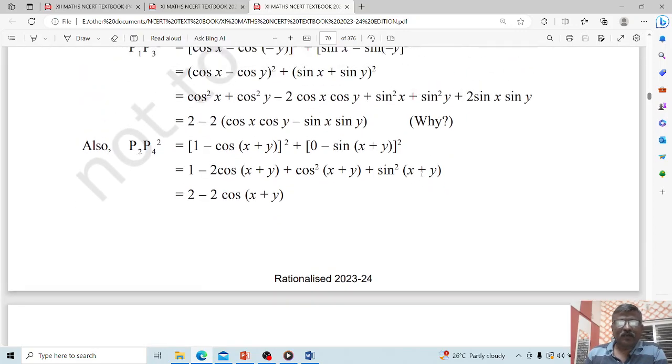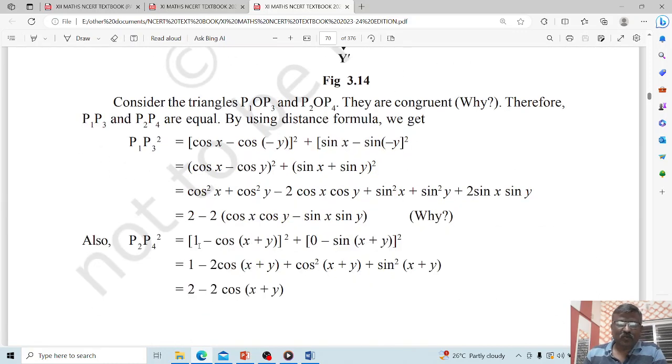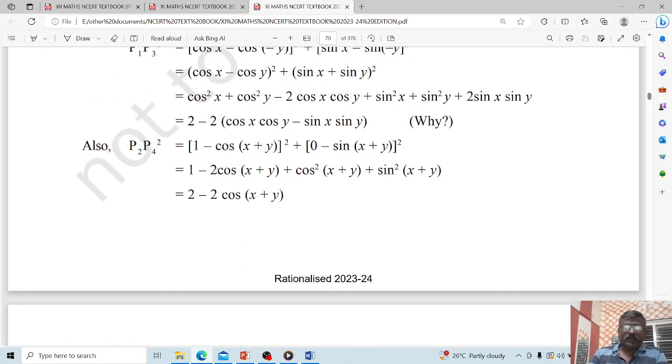Then similarly we have P2, P4. You can see here P2 and P4, here the x coordinate is 1. So when you substitute, (1 minus cos of x plus y) the whole square plus (0 minus sin of x plus y) the whole square. Again you can use a minus b whole square: 1 square is 1 only, plus cos square of x plus y, that is b square, minus 2 into 1 into cos of x plus y.